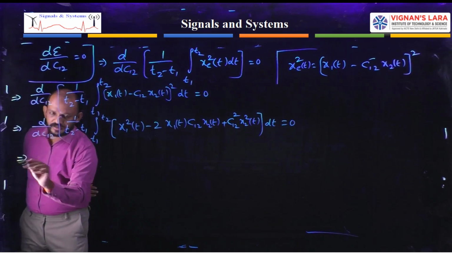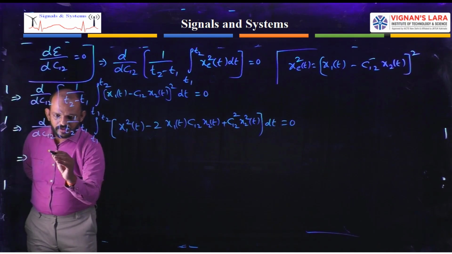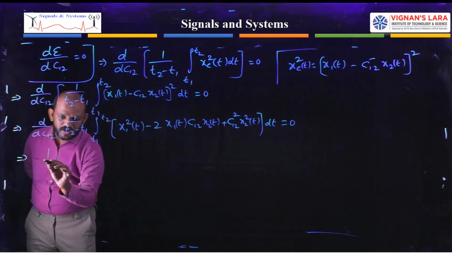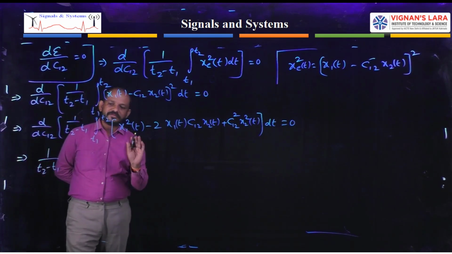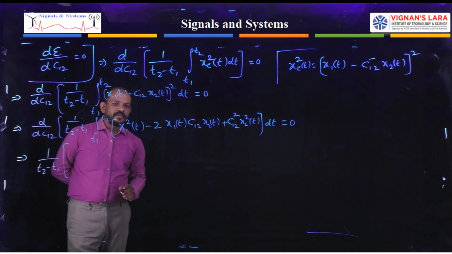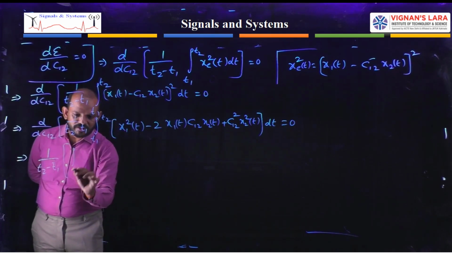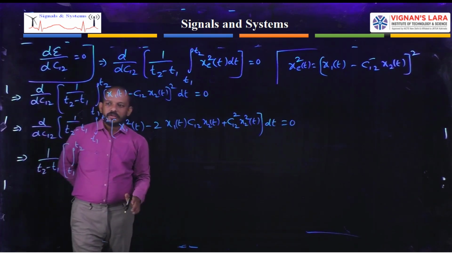So how can you write it? First I take 1/(t2 − t1), then the integration from t1 to t2.